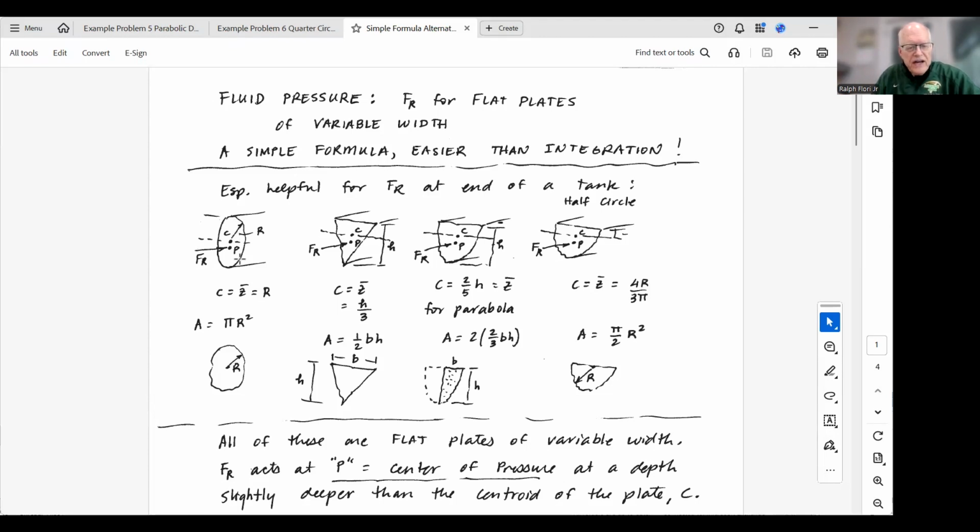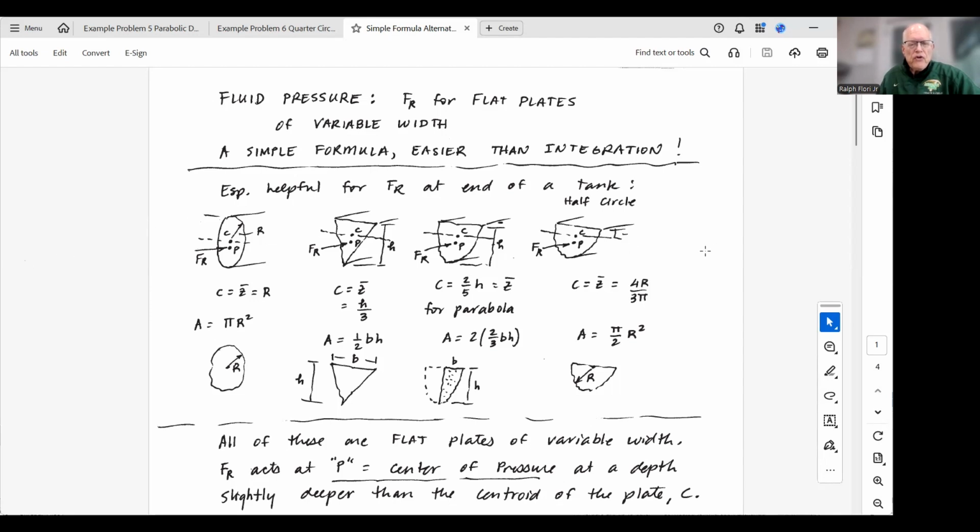We can't find the volume of the pressure distribution easily. We can't use horizontal and vertical easily. So really only our two choices are to integrate or it turns out our gamma Z bar A formula works.